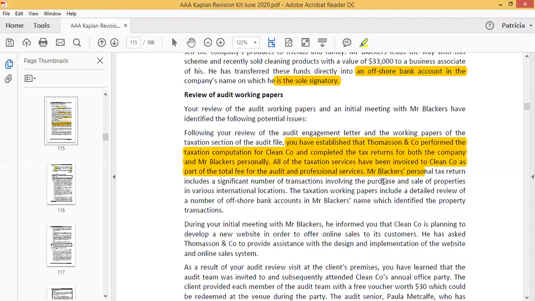Mr. Blacker's personal tax return includes a significant number of transactions involving the purchase and sale of properties in various international locations.